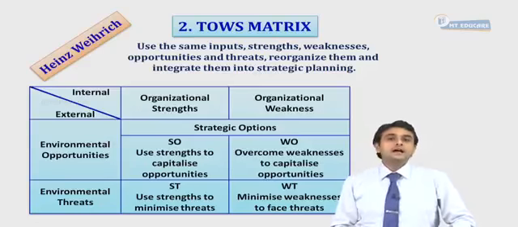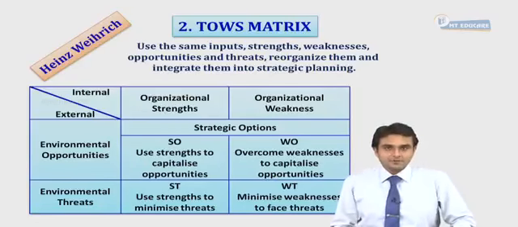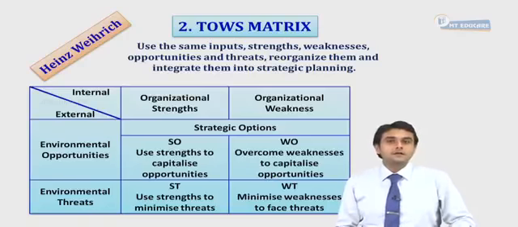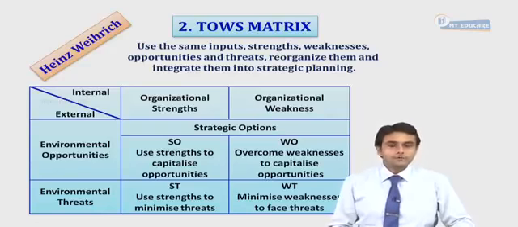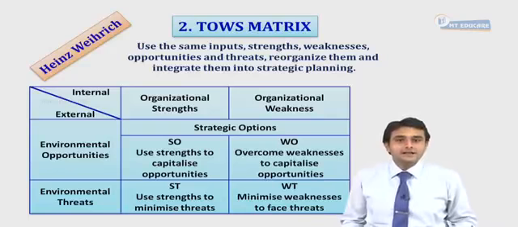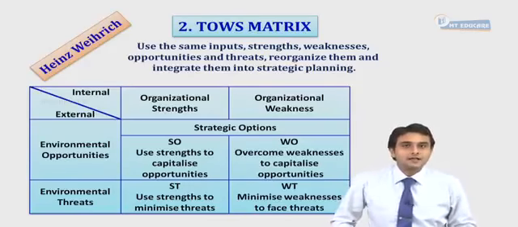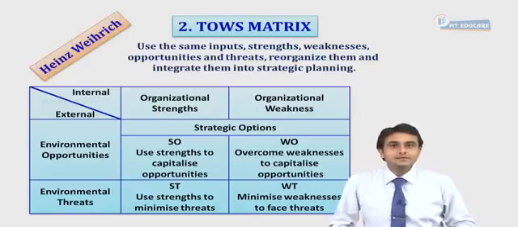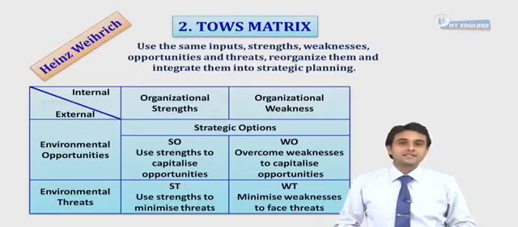Now we need to use our strengths to make the best possible use of the opportunities available in the market. So we need to compare our strengths with our opportunities, and we need to compare our strengths to minimize the threats. So we need to compare S with O, and S with T. We need to overcome our weaknesses so as to capitalize on the opportunities, and we need to minimize the weaknesses so that we are in a better position to face threats.